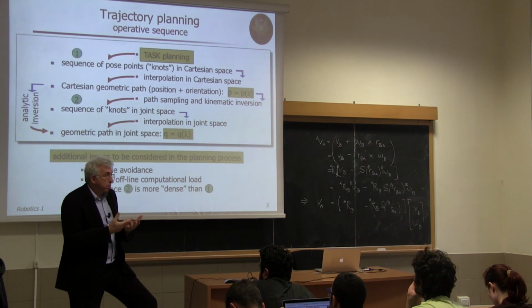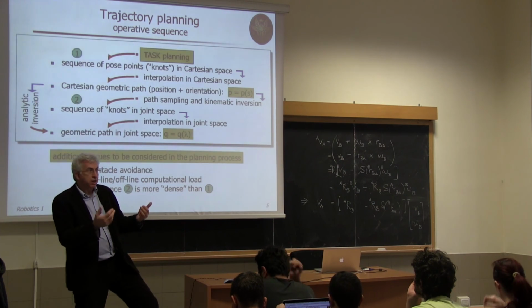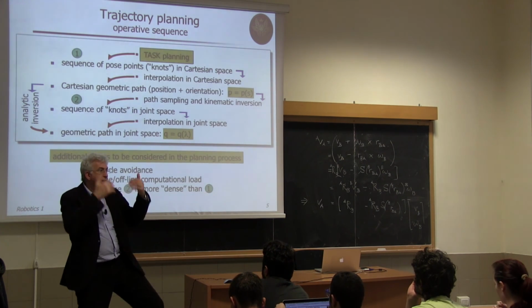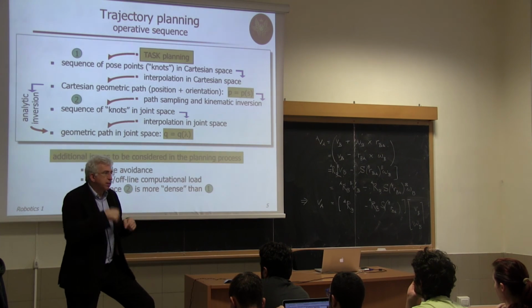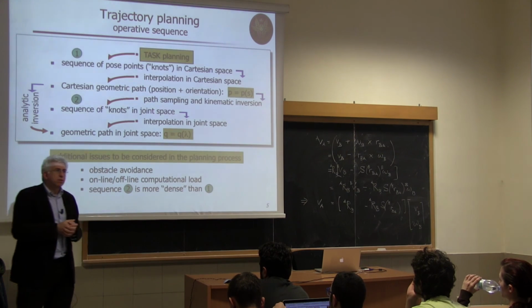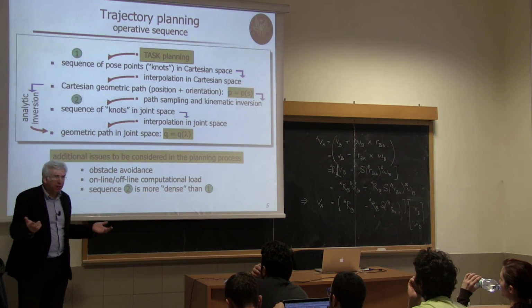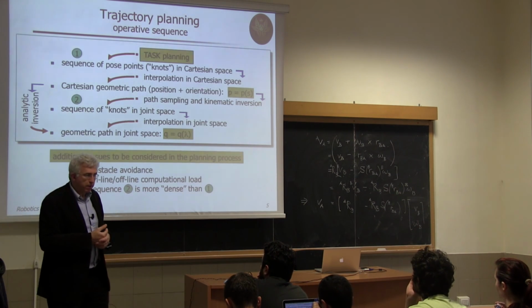So you have to do more computation. If you invert the trajectory from the Cartesian space to the joint space once and for all, offline, then the controller needs just to check the error with respect to the joint trajectory, so you don't have to invert things in real time, okay?